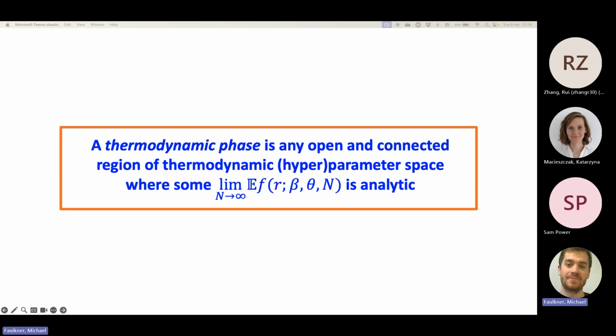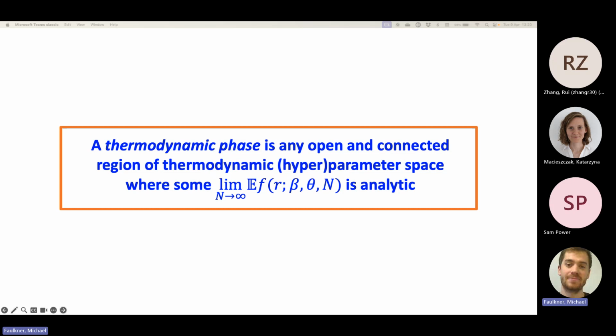Okay, it's not going to be a massively rigorous definition, but it's quite useful to define what a phase transition actually is. To start with, we'll define a thermodynamic phase, which helps connect back with that plot we just looked at. A thermodynamic phase is any open and connected region of thermodynamic hyperparameter space where some expectation is analytic in the large N or thermodynamic limit.